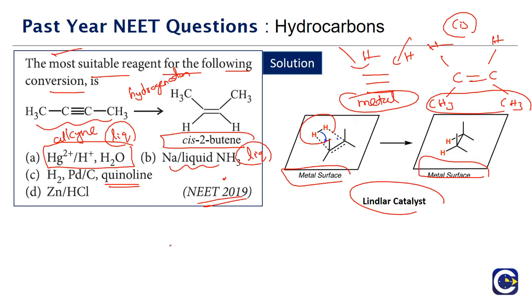The correct one is the Lindlar catalyst, palladised charcoal in the presence of quinoline and hydrogen gas. Zinc HCl is also a liquid medium, which generally gives the trans, because if one hydrogen approaches from one side, the other approaches from the other side. So the correct answer is option C, H2 in the presence of palladised charcoal and quinoline.